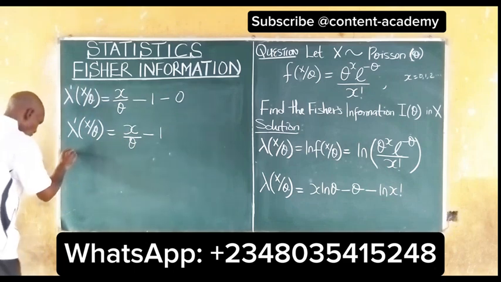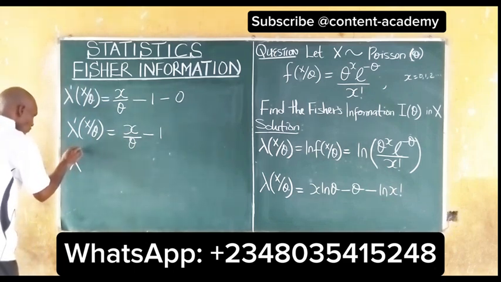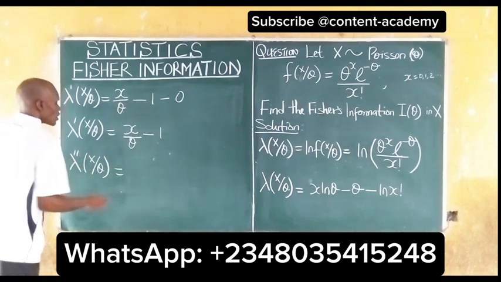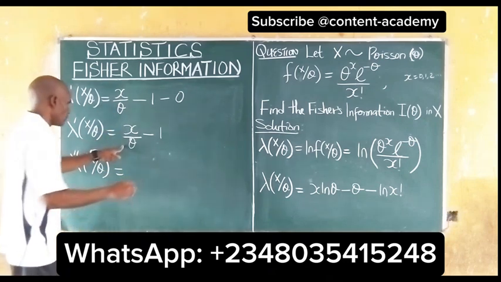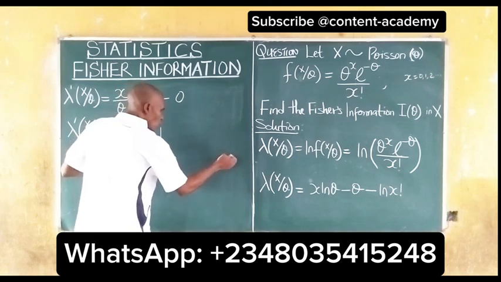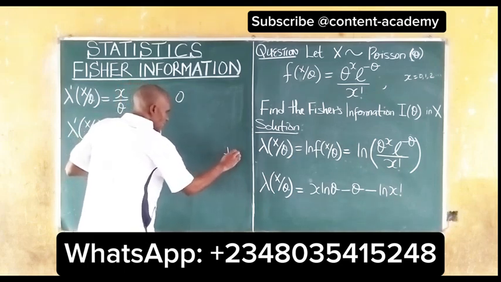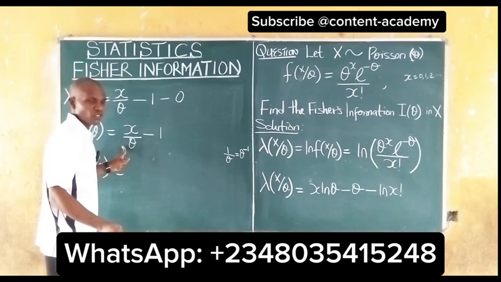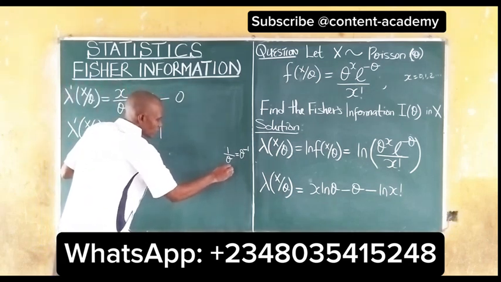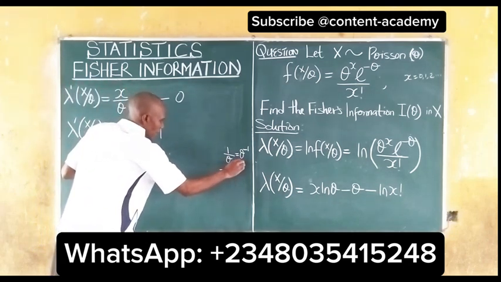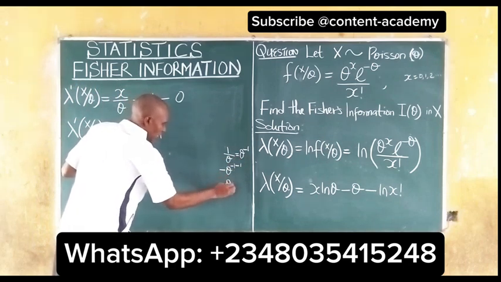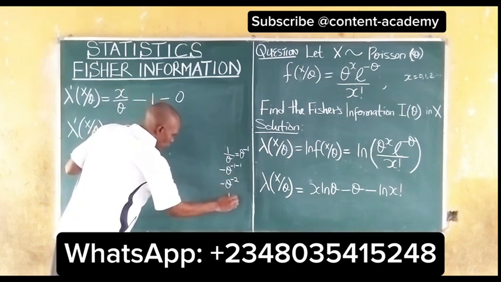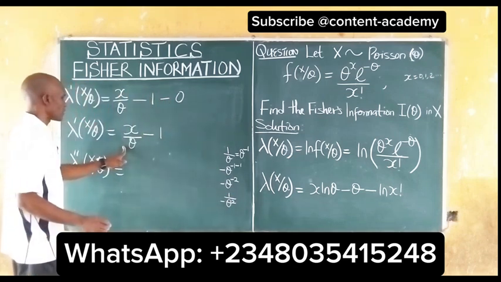Also, we can find our second derivative at once if we wish. If we differentiate this with respect to theta, 1 all over theta is the same thing as theta raised to the power of negative 1. So if we differentiate this, we'll have negative theta to the power of negative 1 minus 1, which is negative theta to the negative 2, which is negative 1 all over theta squared, from indices.